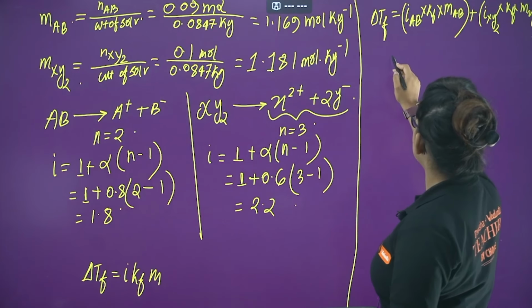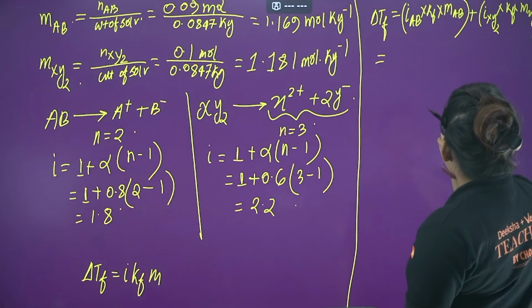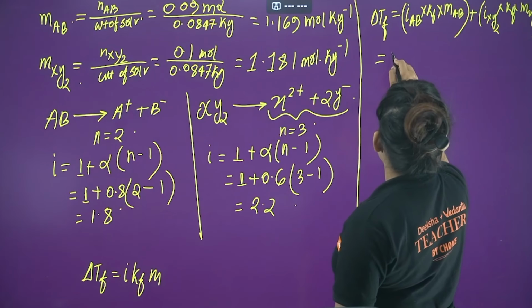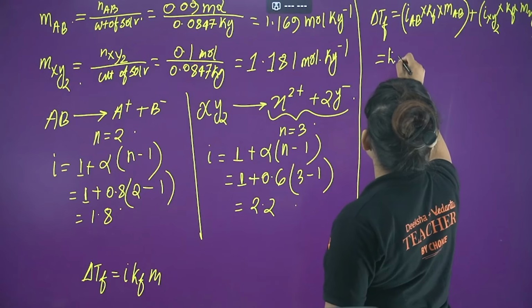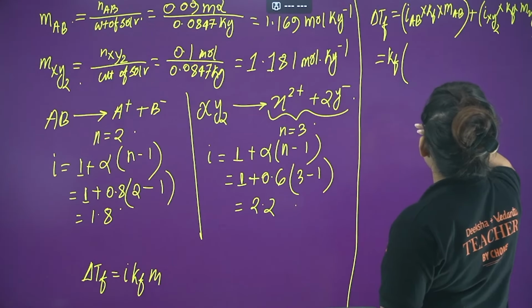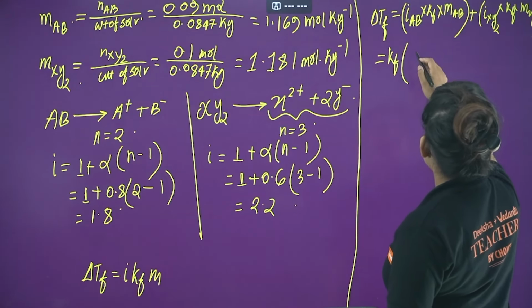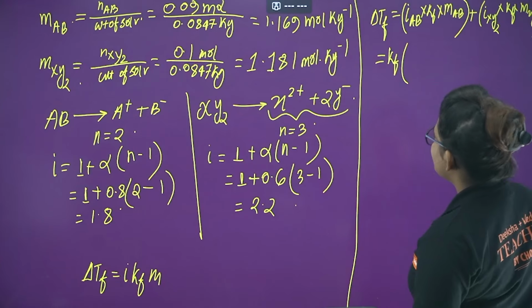Okay, let's put the values and add them. So let's take KF common. Here I have i of AB. How much is i of AB?